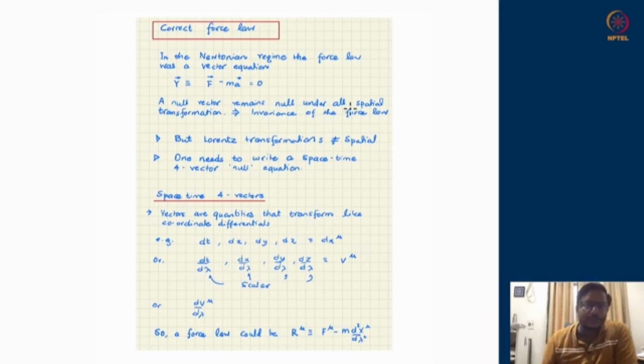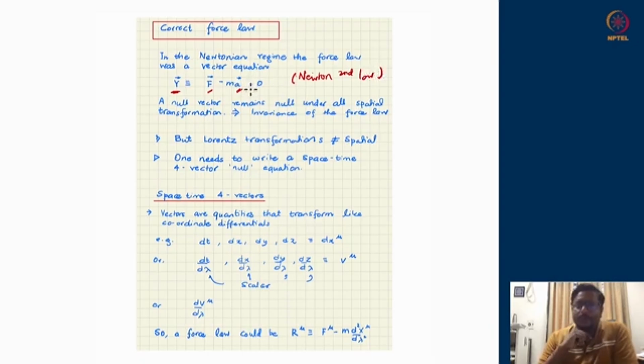In the Newtonian regime, the force law was actually a vector equation. The force vector was equal to m times the acceleration vector, and therefore one can write a new vector, call it y vector, defined as f minus ma, and that was supposed to be 0 according to Newton's second law, in all inertial frames.